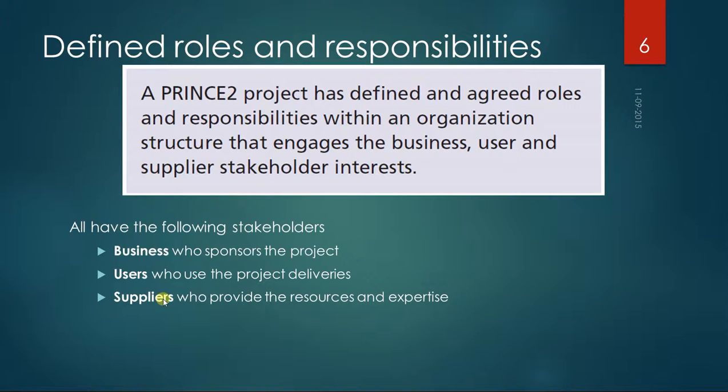So I think it's really good. But in Prince2 they also talk about three different types of stakeholders, and that's business, user, and supplier. The business is the one that sponsors the project, and the users are the people that use the product deliveries, and the supplier is the organization that provides the resources and expertise.